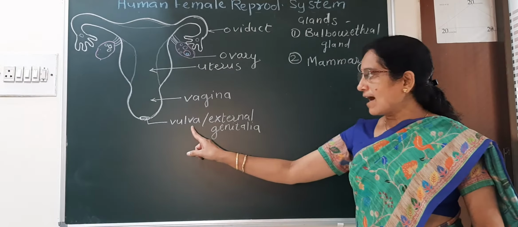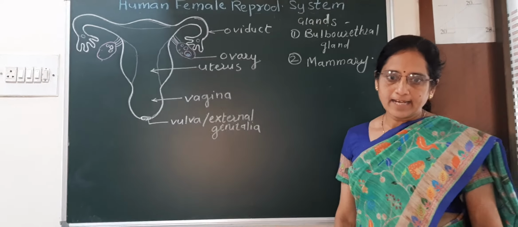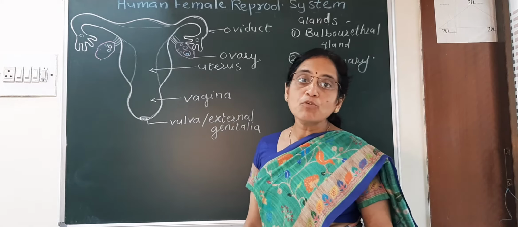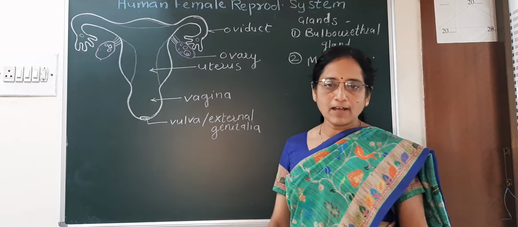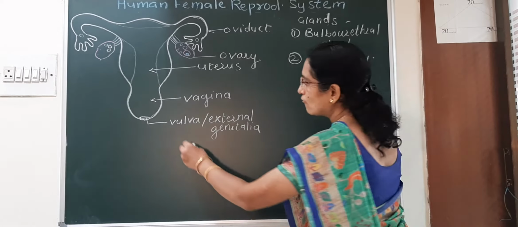The vulva or external genitalia includes mainly five organs. What are they?